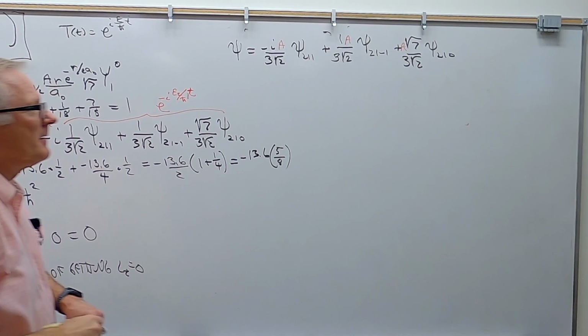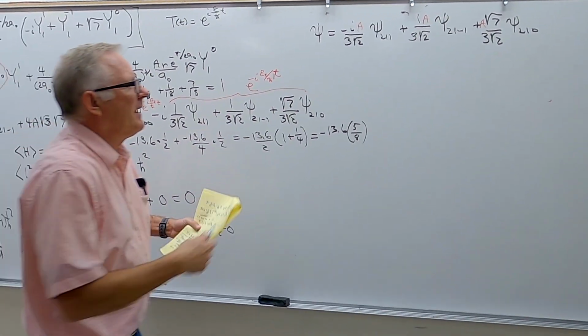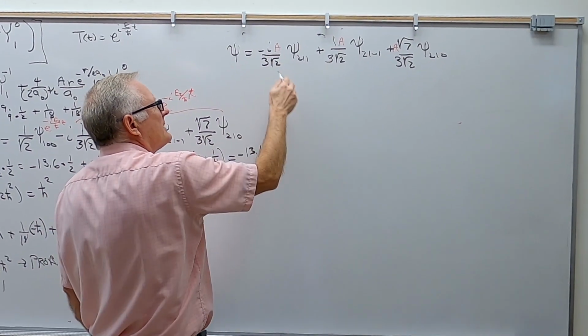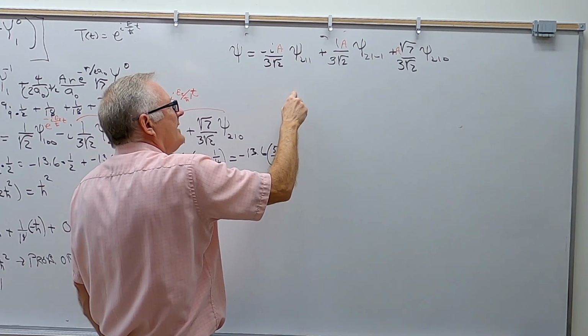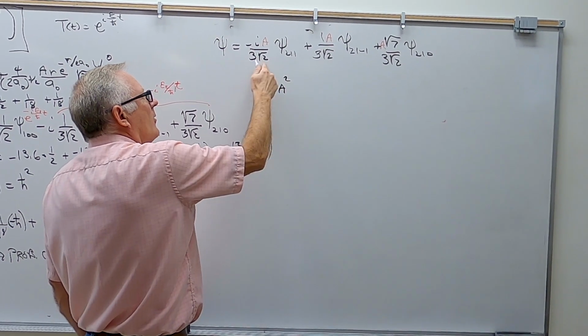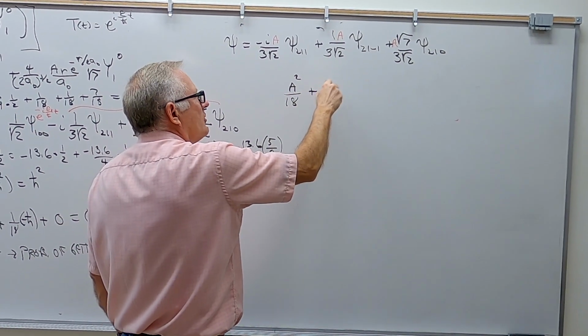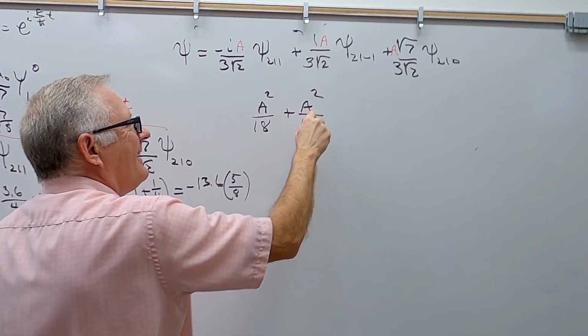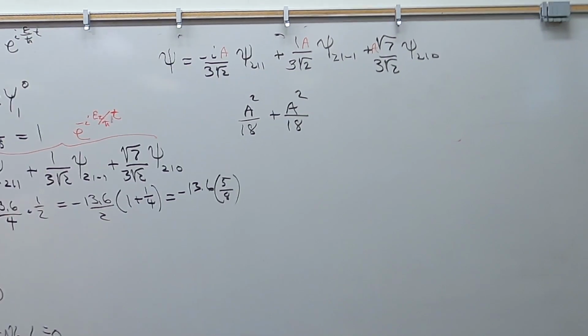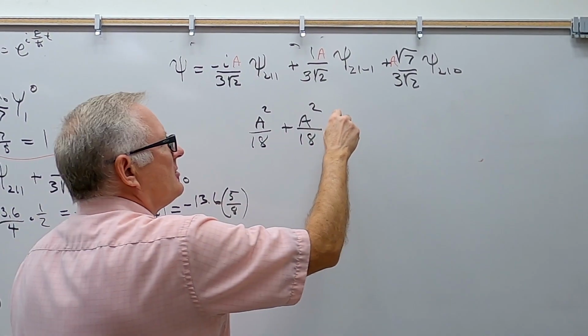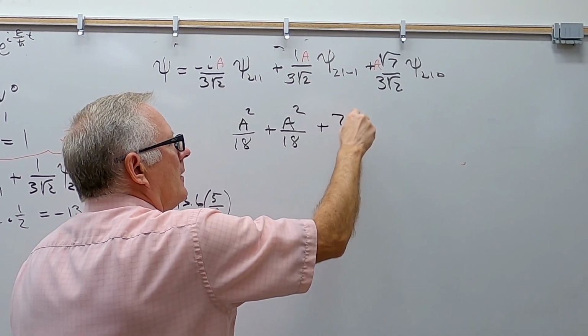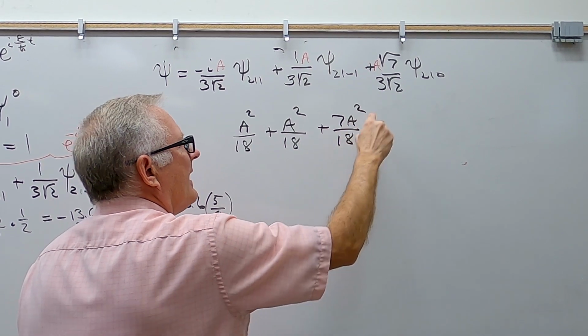So this times its complex conjugate is A squared over 9 times 2, that's 18, plus A squared over 18, plus 7A squared over 18, that should equal 1.